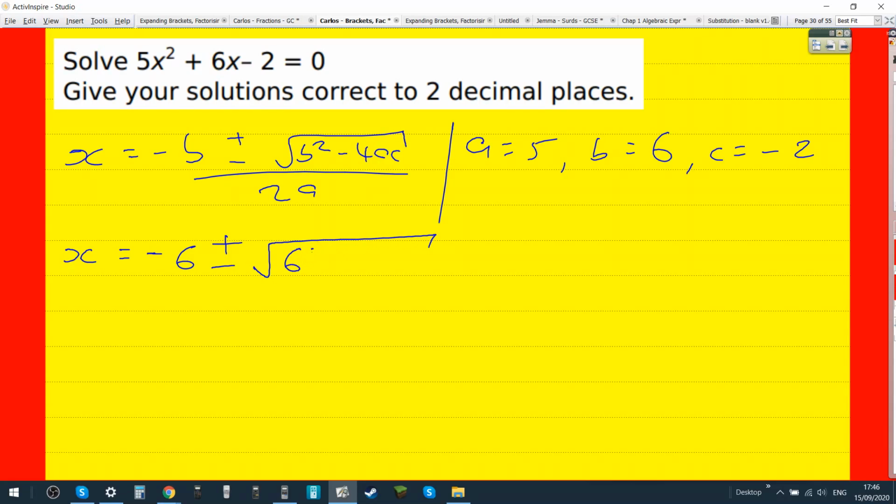Square root 6 squared minus 4 times minus 2 times minus 2 again.